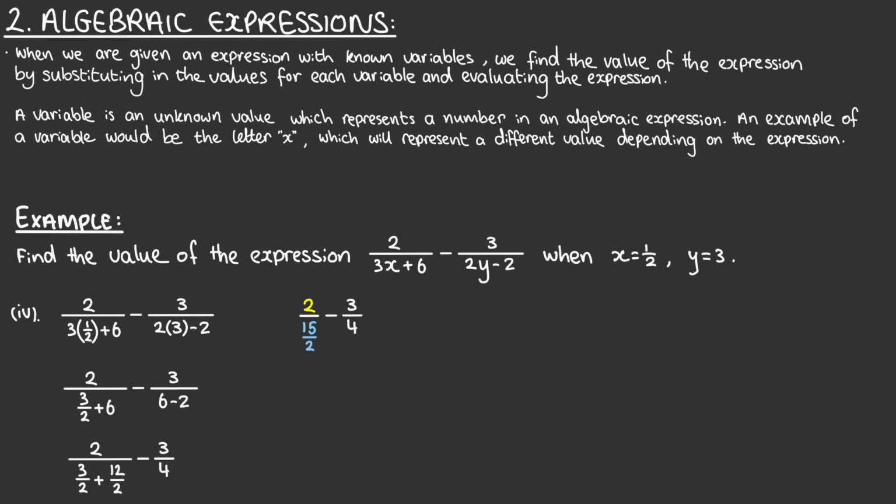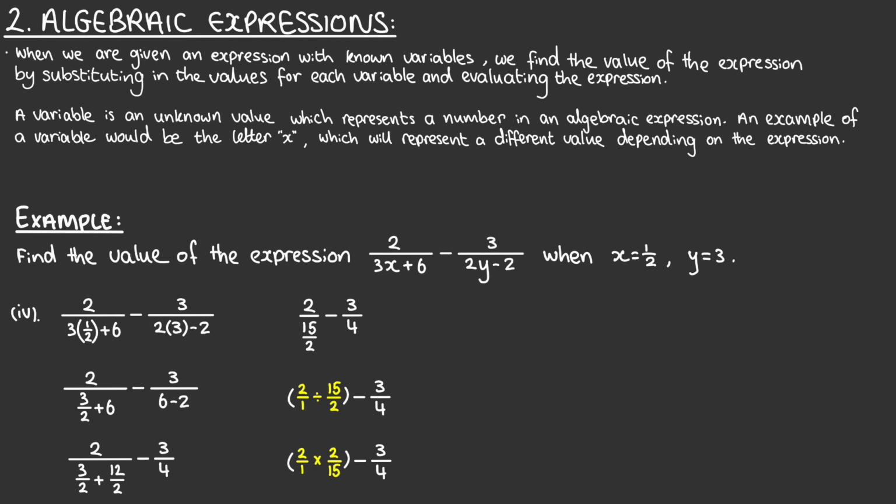If you recall from my video on rational numbers, dividing two fractions is the same as turning the second fraction upside down and multiplying them. We can think of 2 as 2 divided by 1, since 2 divided by 1 is equal to 2. So 2 over 1 divided by 15 over 2 is equal to 2 over 1 multiplied by 2 over 15.